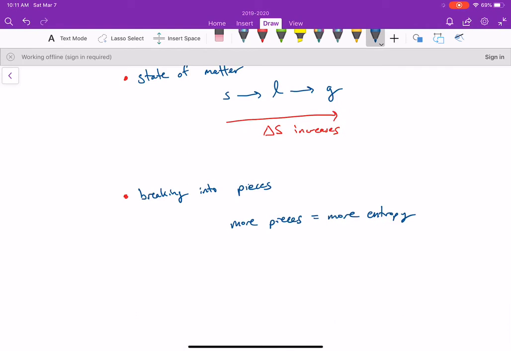So let's take, for an example, salt dissolving in water. You take solid NaCl and you dissolve it in water. What does it turn into? It turns into Na+ and Cl-, which are both aqueous. Do you think that dissolving salt would give us a positive S or a negative S, and why? All right, so think about that for a second.